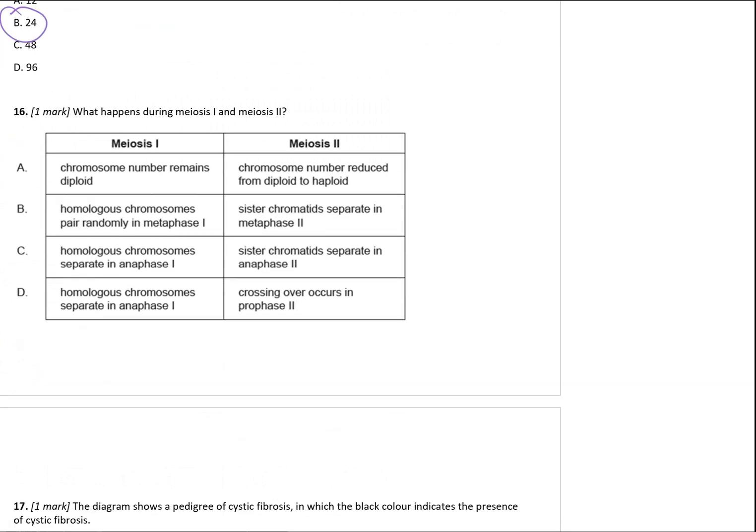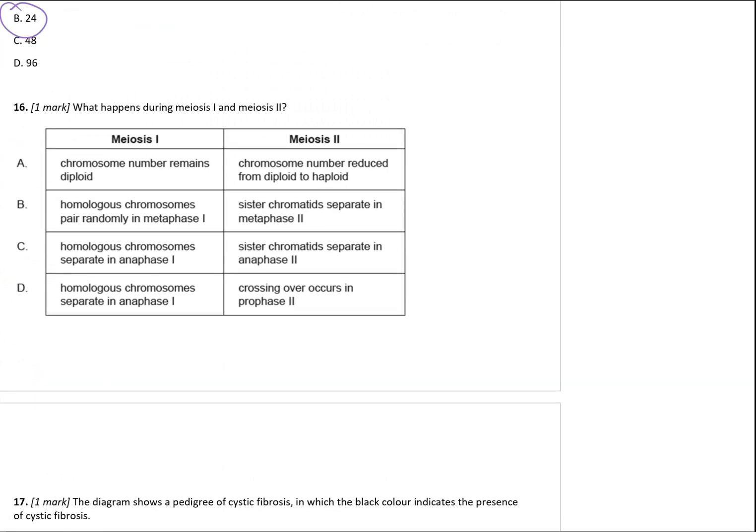question 16. What happens in meiosis 1 and meiosis 2? So you've got to try and find the statements which are correct. It's quite useful to just cross off ones which don't make sense, or you just have to read through everything.